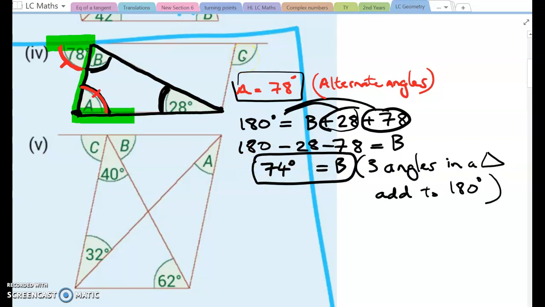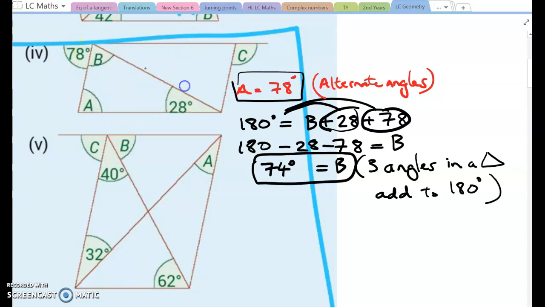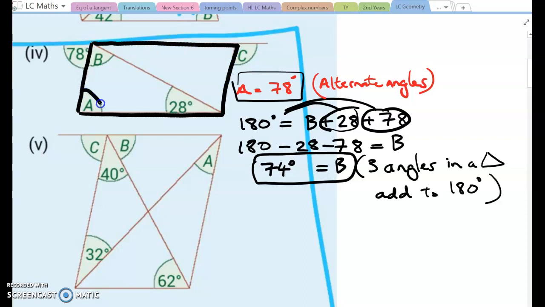Now C. Now we try and get what C is. And C is probably the trickiest of them all. Well, let me clear these little symbols here. In this shape here, this angle is equal to the opposite corner over here.